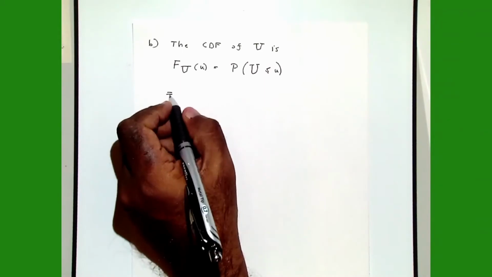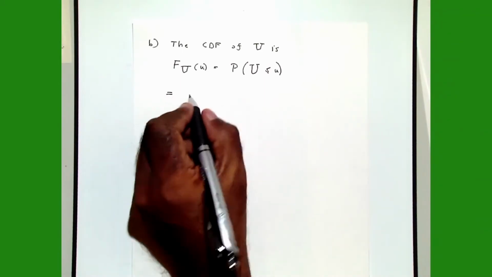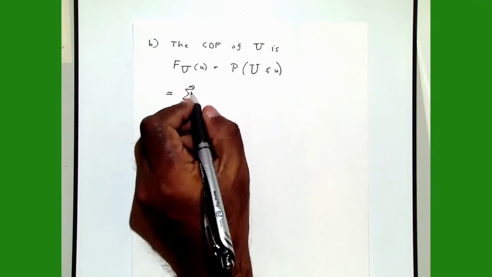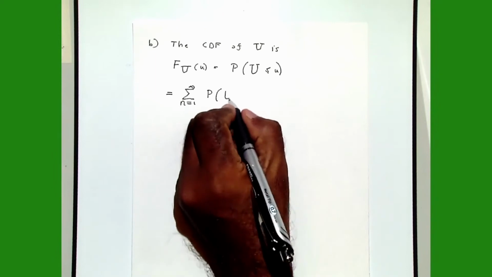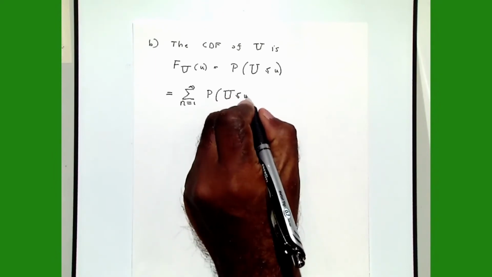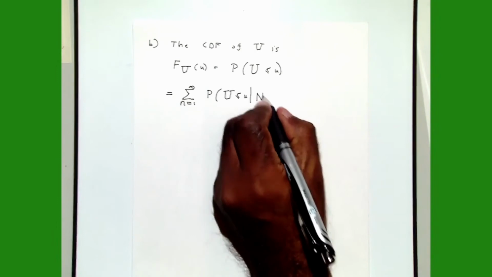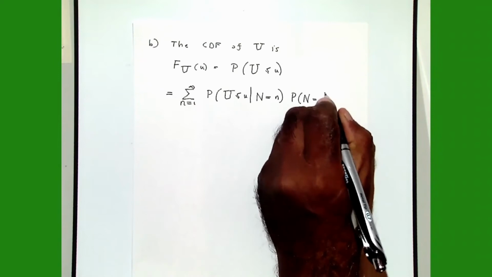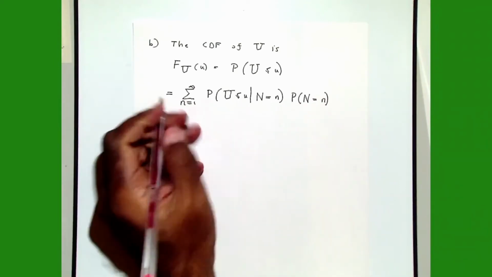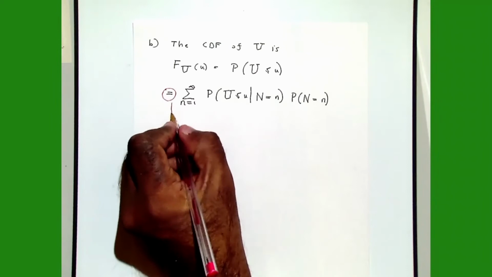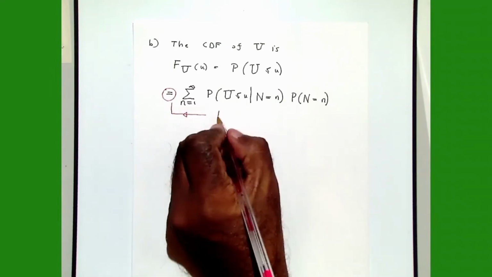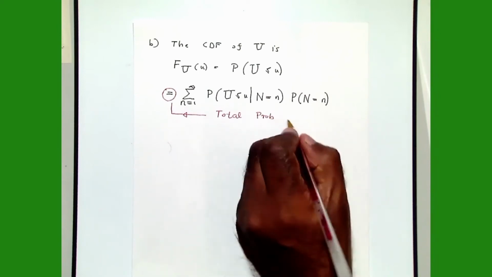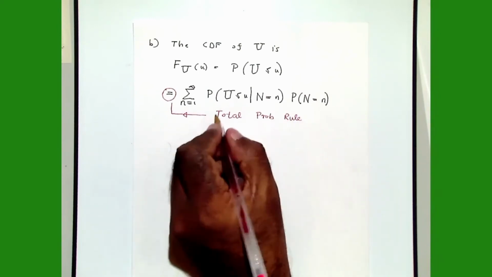And once again, using the total probability rule, we can write this as the sum from 1 to infinity of the conditional probability that capital U given capital N equal to n times the probability that capital N equal to n. So once again, I have used the total probability rule.